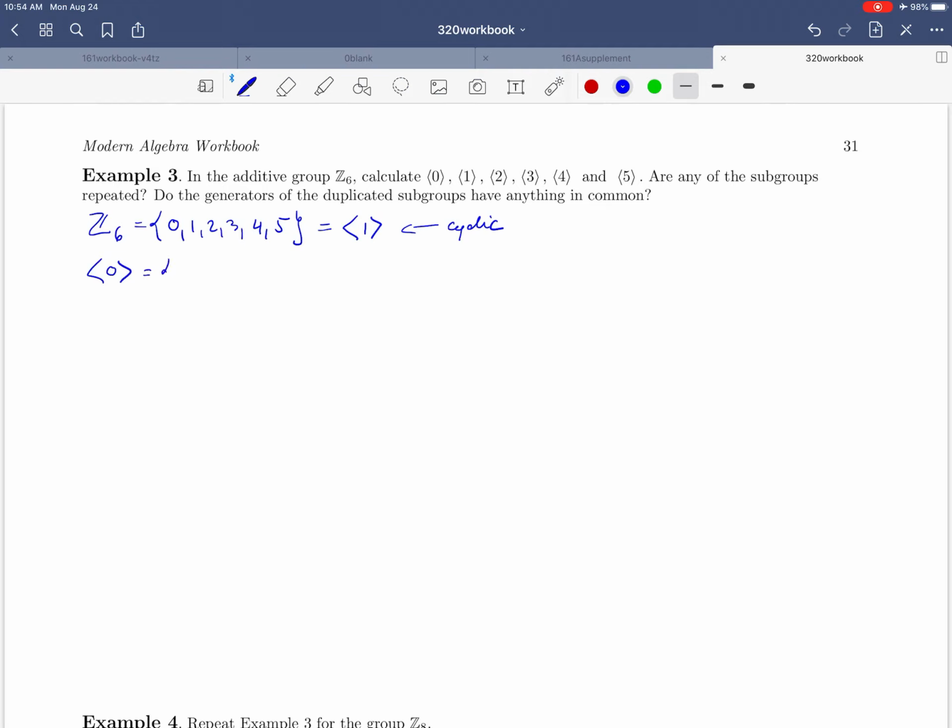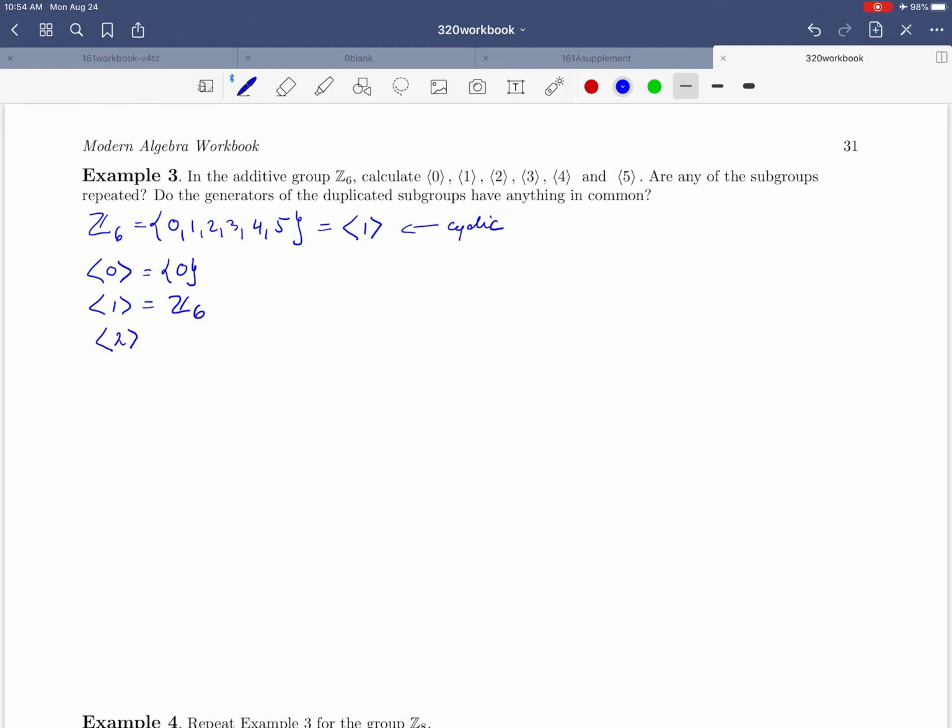So if we're just taking 0, there's not much in there, that's the identity, it's just the identity by itself. 1, we already wrote down what we get when we generate all the powers of 1, so 1, 1 plus 1, 1 plus 1 plus 1, and so on. That is Z6 itself.